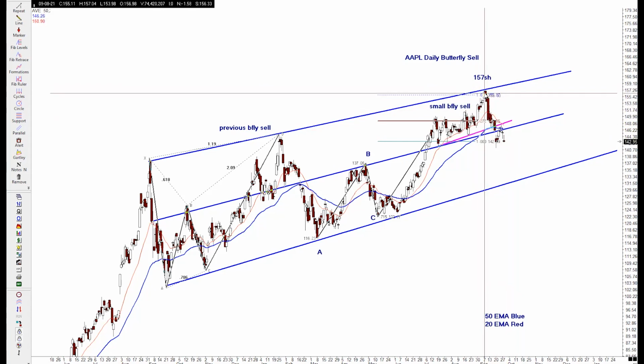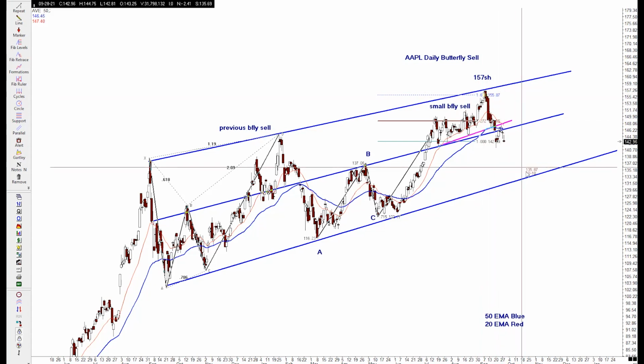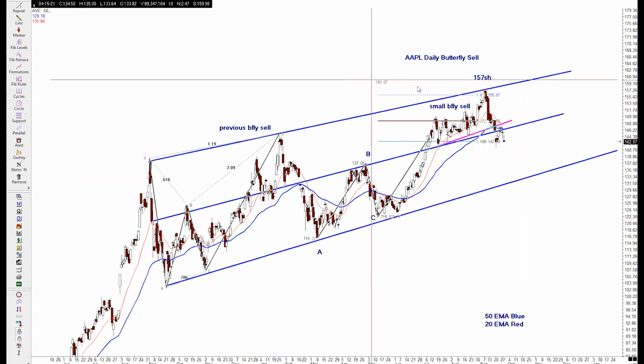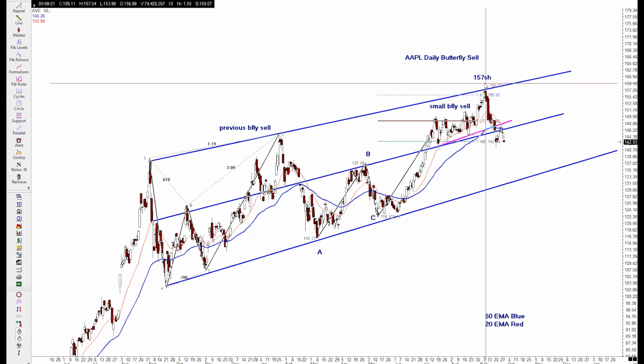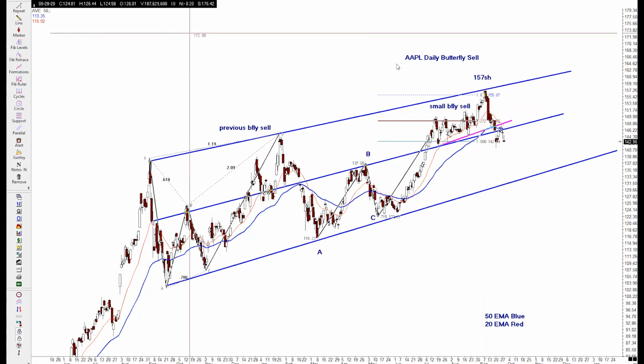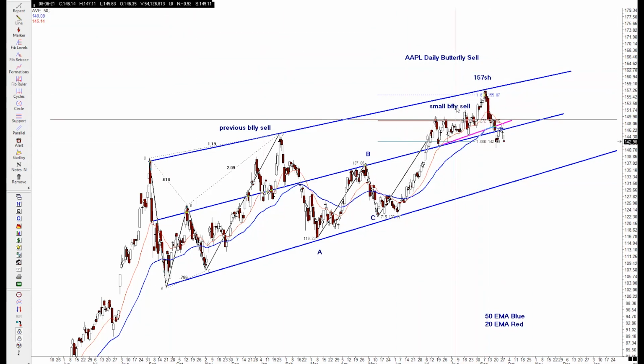So these patterns are leading patterns. You're able to control risk in these, and with a setup like this, coming right up to another resistance point, the risk can be managed and targets figured out in advance.